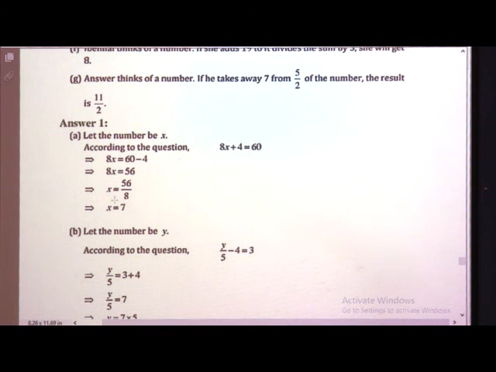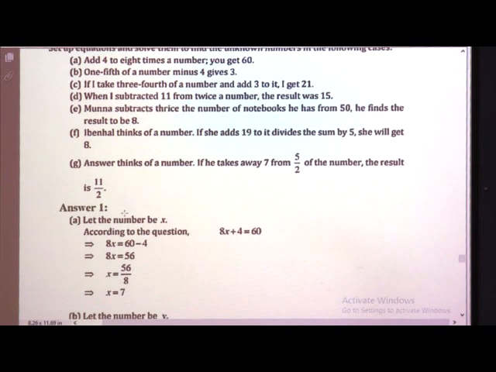So in this way we formed the equation, then we found the value of the variable. We will see one more example. Here it is given as 1/5 of a number. 1/5 of a number means 1 upon 5 of it. Do you know the number? We do not know the number, so we have to consider it.